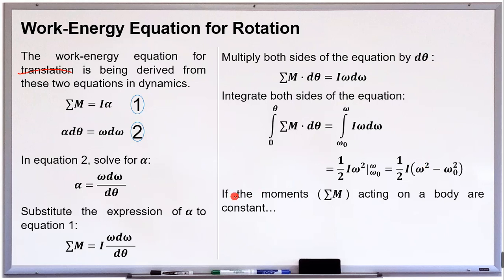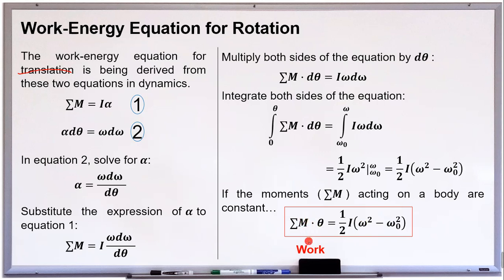Now, if we consider that the moments from the summation of moments acting on a body are constant, then the equation above becomes the summation of the constant moments multiplied by the angular displacement equal to the rotational kinetic energy. So the rotational kinetic energy is a function of the mass moment of inertia of the object and its initial and final angular velocity. So the left side of our equation talks about the work for rotation.